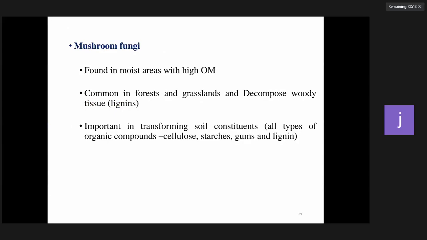The second one is mushroom fungi. It is found in moist areas with high organic matter, common in forest and grassland and decomposed woody tissues, lignins. It is important in transforming soil constituents, all types of organic compounds like cellulose, starches, gums, and lignin.